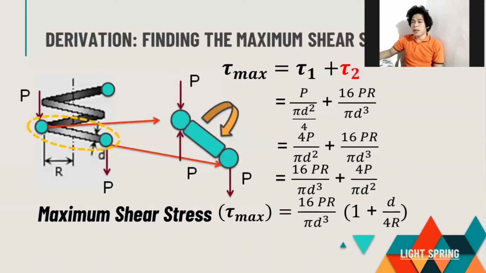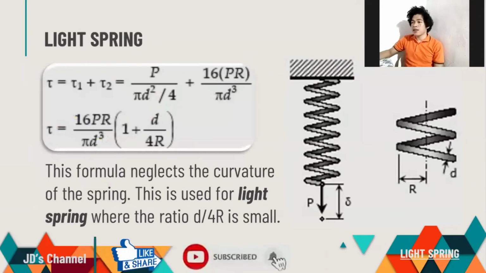I hope you appreciated our derivation and got something from it. Okay, so for a light spring, tau equals tau 1 plus tau 2 equals P over pi D raised to 2 over 4 plus 16 PR over pi D raised to 3.